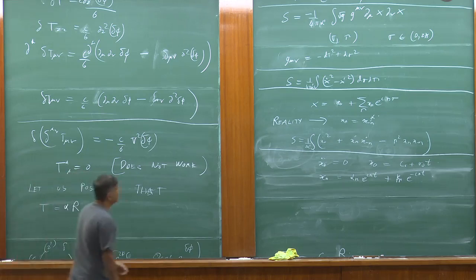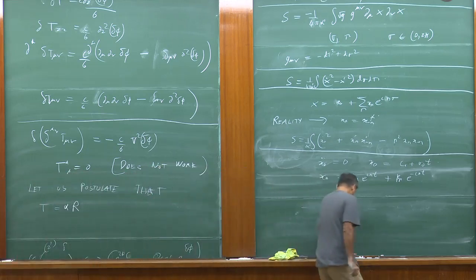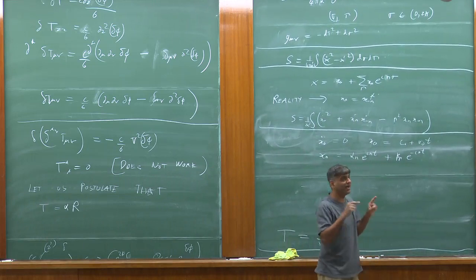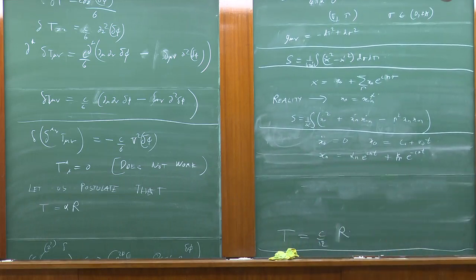So with each e to the power i n sigma, we could attach either an e to the power i n t or an e to the power minus i n t. These are the various time dependencies allowed.